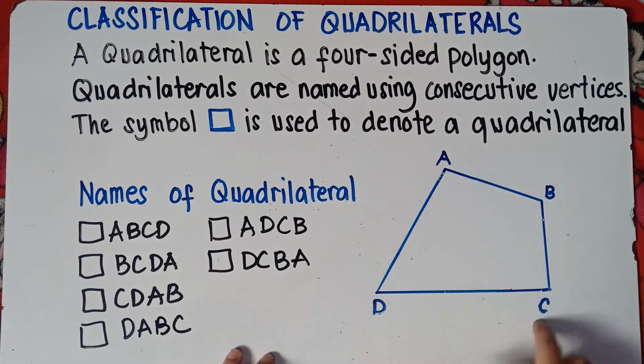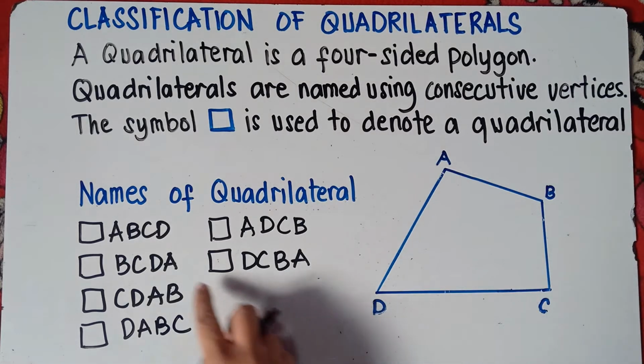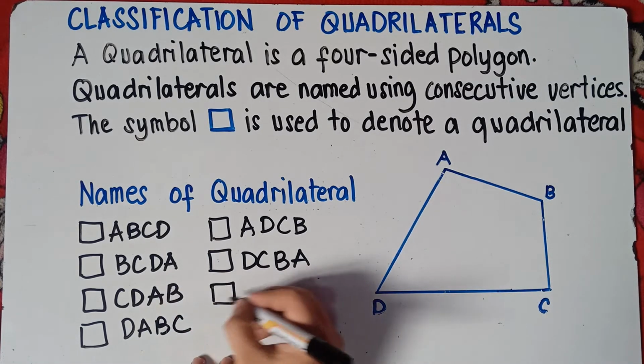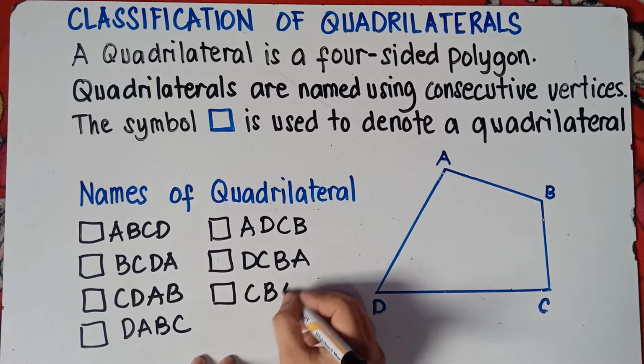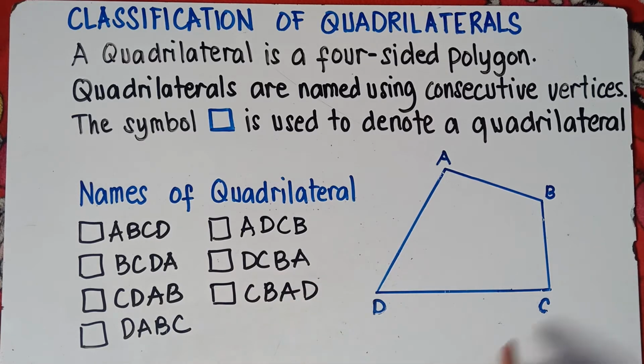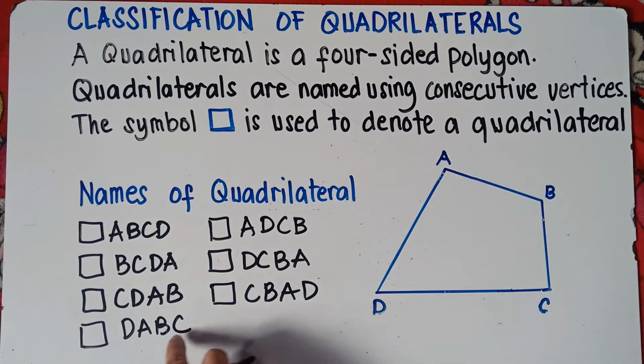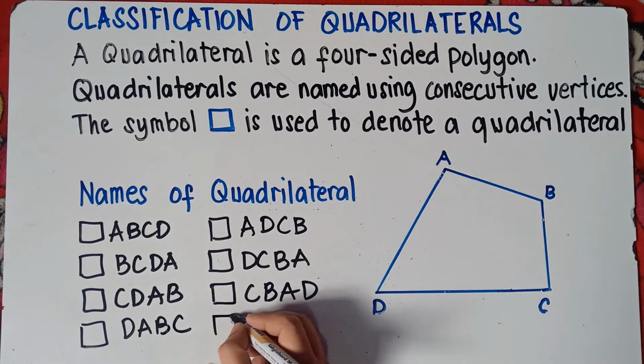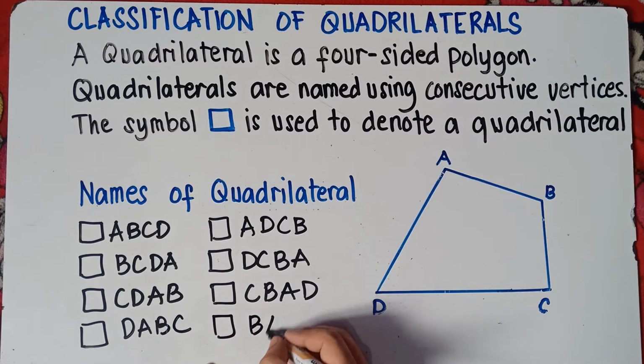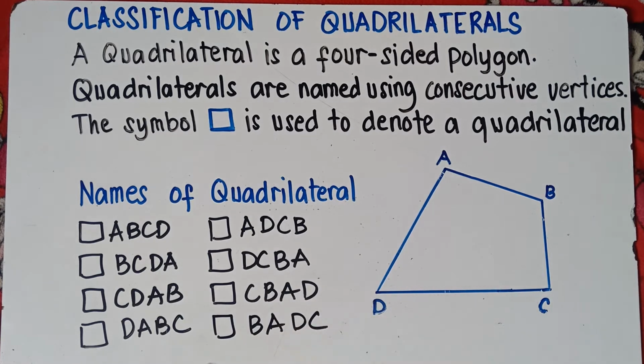Or C, B, A, D. Lastly, we can name this quadrilateral B, A, D, C.